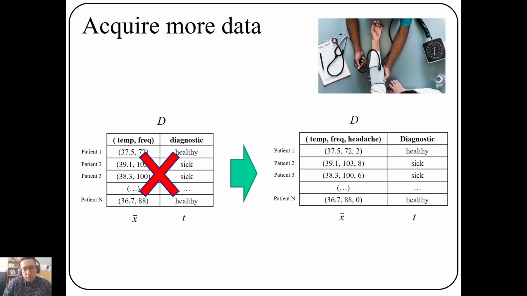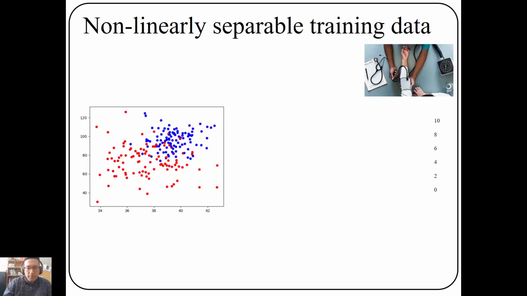For example, on top of body temperature and cardiac frequency, we'll ask the patient to tell us if he or she is suffering from some headache, and give a value between 0 and 10, 0 being no headache and 10 being an intolerable headache.